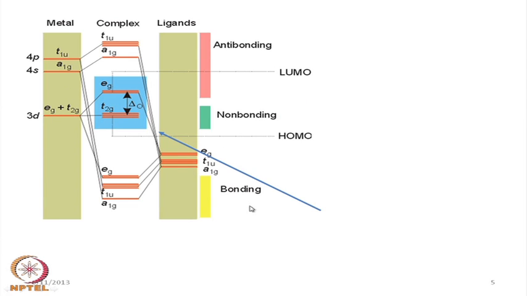So, in this particular case, these are the 6 bonding orbitals in our hand, and altogether we have 5 plus 1 plus 3, that means 9 orbitals from the metal and 6 from the ligand side. So, 15 orbitals we are having for sigma interactions. 6 of them are bonding, therefore, the equal number should also be there as anti-bonding. So, this is Eg star, A1g star and T1u star, and 3 will remain as non-bonding.